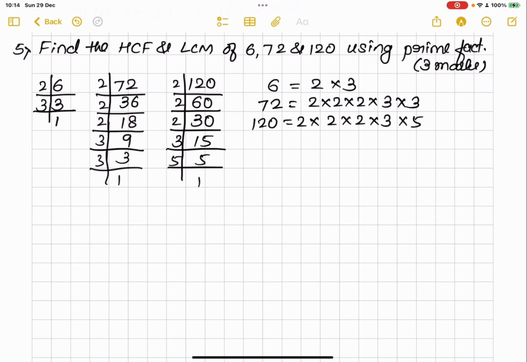So one 2 is common in all of them and one 3 is common in all of them. So HCF equal to 2 into 3, that is 6.